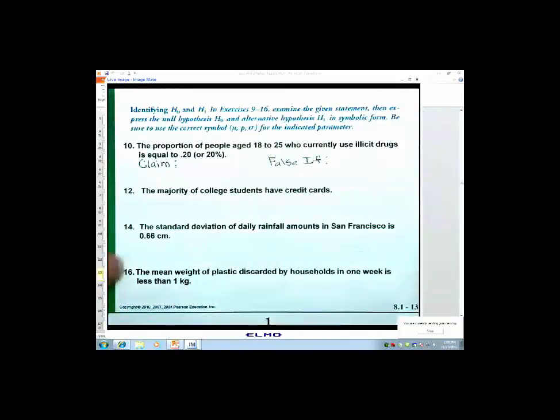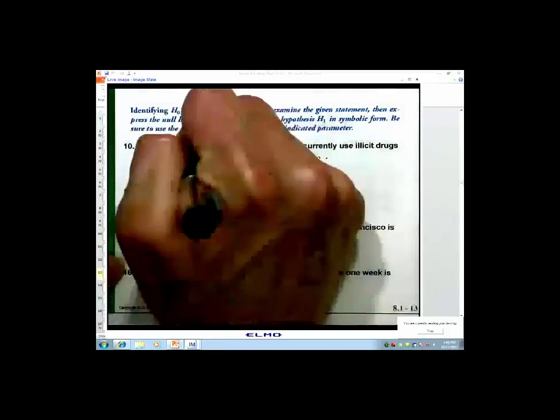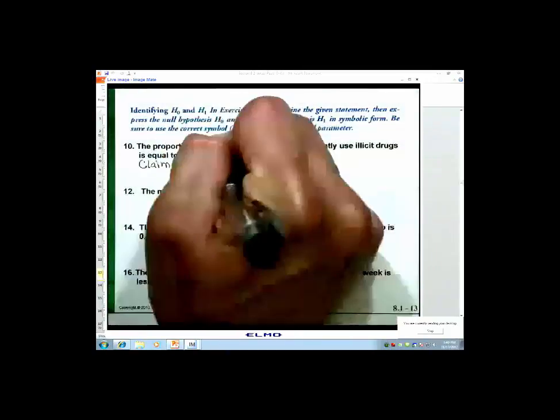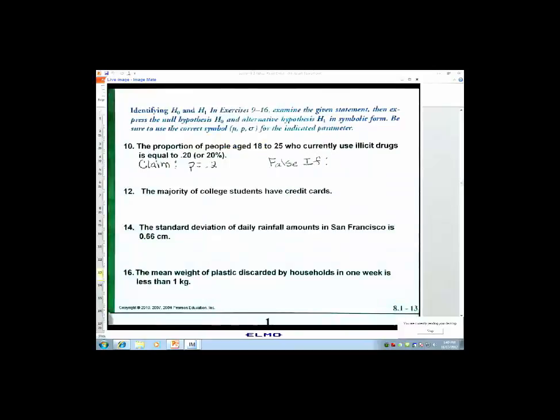The proportion of people aged 18 to 25 who currently use illicit drugs is equal to 0.20. How do you say that symbolically? We're talking about a proportion, not a mean or standard deviation, so we're going to use a p. And this claim is that p exactly equals 0.2. It's not greater than 0.2 or less than 0.2. It's exactly equal to 0.2.